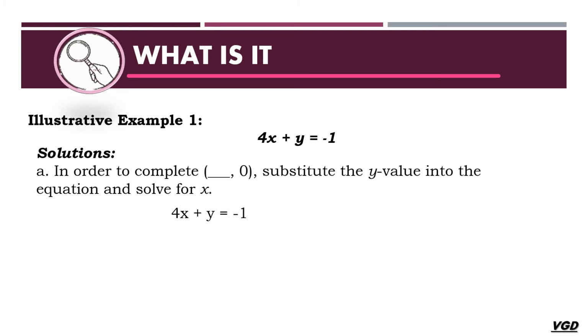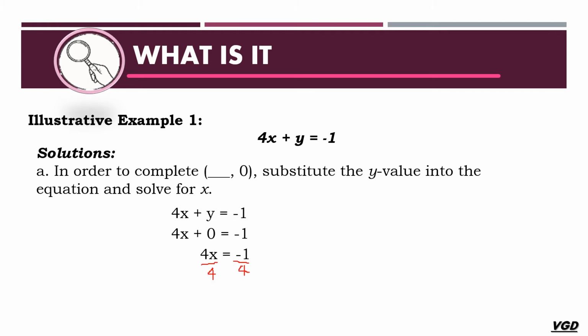So we have here 4x plus y is equal to negative 1, and substitute the y value, which is equal to 0. So we will have 4x plus 0 is equal to negative 1. And let's simplify. So we will get 4x is equal to negative 1 and divide both sides by 4 to get the value of x.